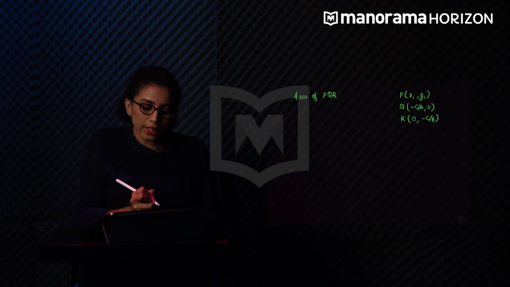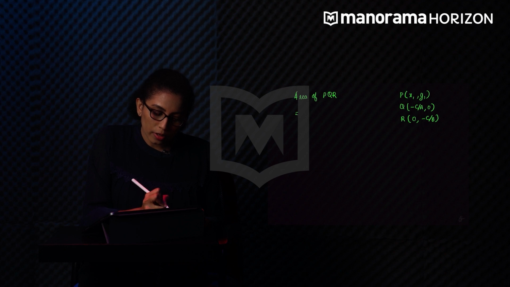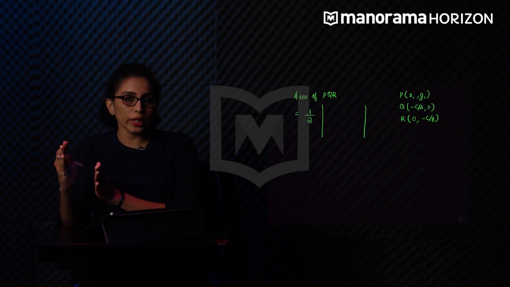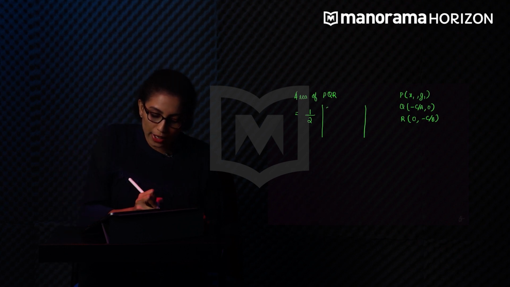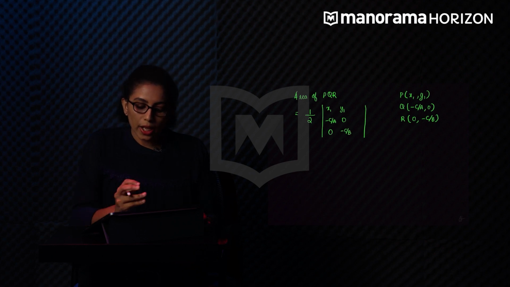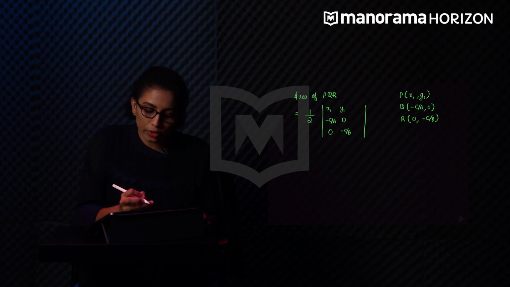So, the area of triangle PQR is given by half into the determinant of these coordinates written as they are. So you will get x1, y1 in the first row, minus c by a, 0 in the second row, 0, minus c by b in the third row, and the third column we need to fill with 1, 1, 1.